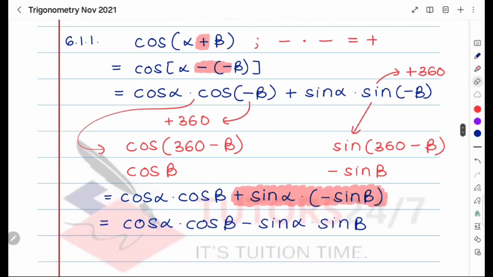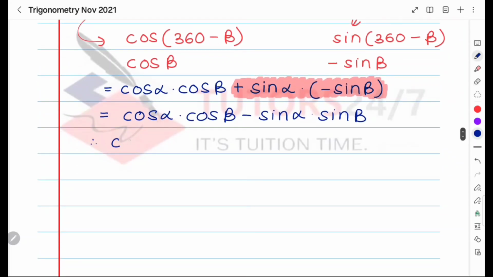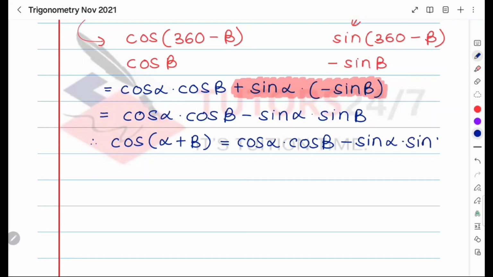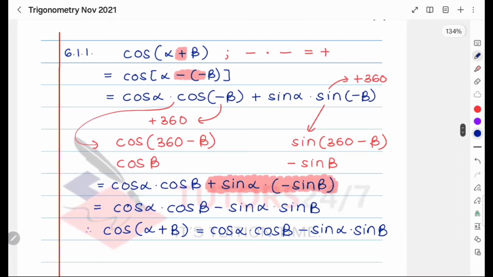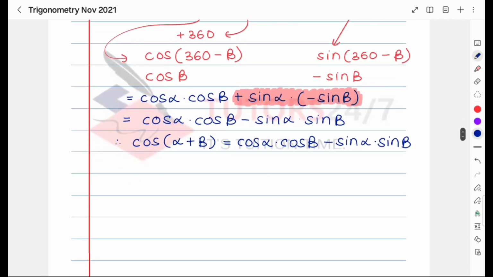We can conclude, therefore, cos of alpha plus beta is equal to cos of alpha cos of beta minus sine of alpha sine of beta. And that is it. All you had to do was make use of algebra, a little bit of reduction, and you are done.